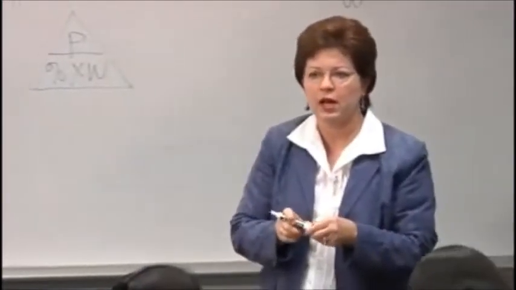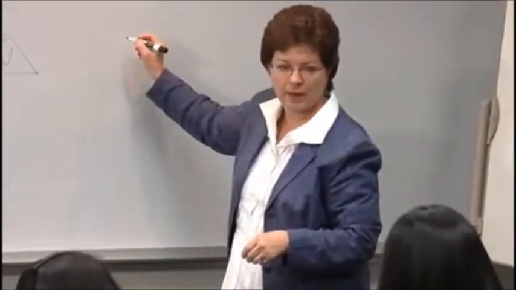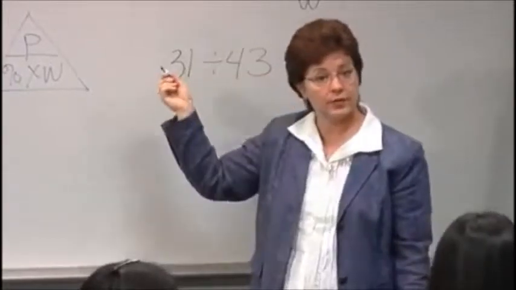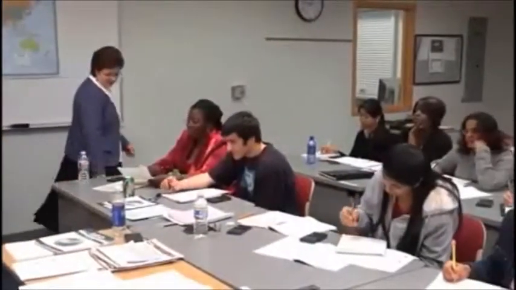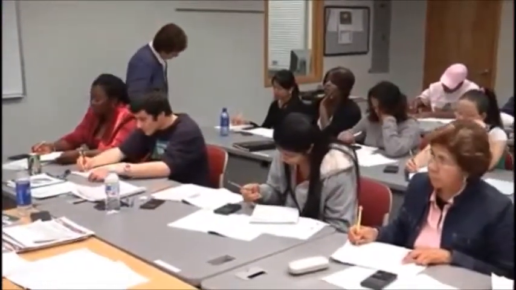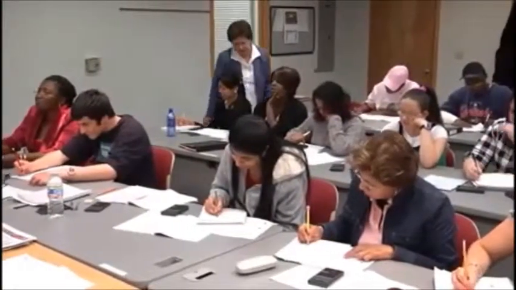Okay, how did you set it up, Imelda? We put 31 divided by 43. Okay, do you want to come up and do the division on the board? Doing okay with the division?